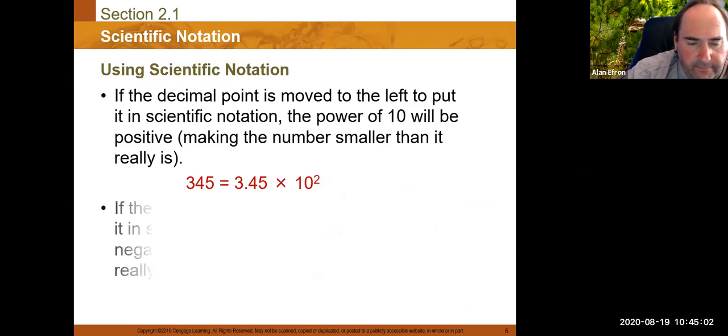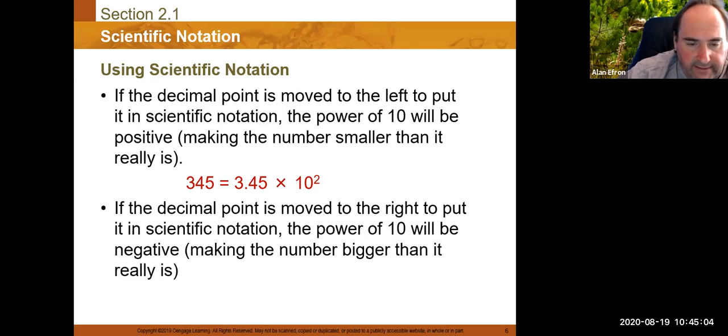Now, when we do this, if a decimal point is moved to the left, we can put it in scientific notation and it will be positive, again a larger number giving us that positive exponent. If we go to the right, we are making it a larger number. As you can see there, 345. Again, we're assuming that the decimal is here.